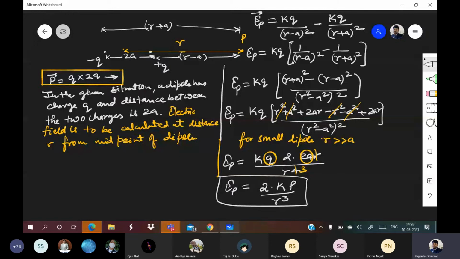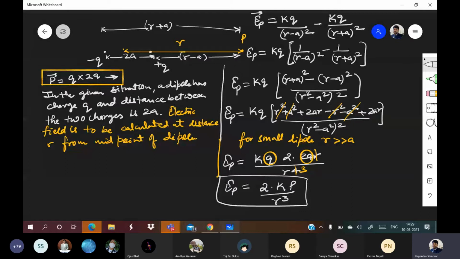Okay, Tej is saying, sir, could you please explain from the fourth step again? I did simple mathematics, stage 1, 2, 3, 4. I opened the square, that is r square plus a square plus 2ar minus r square minus a square plus 2ar. And then I cancelled r square minus r square plus a square minus a square.